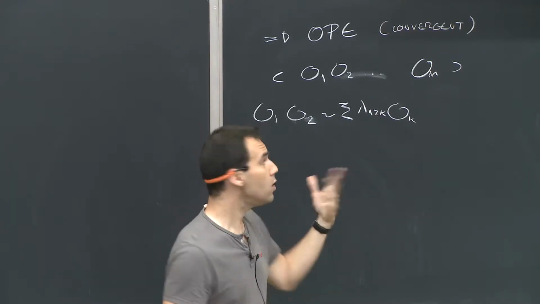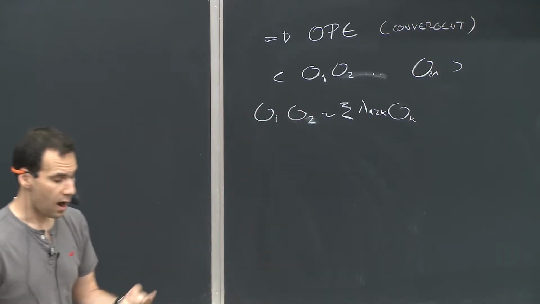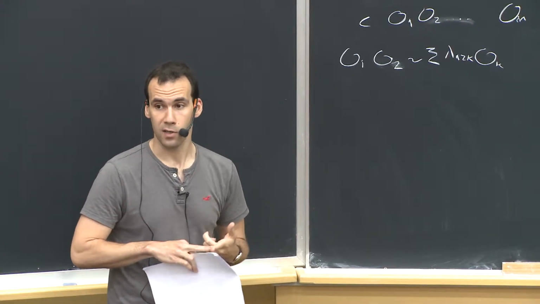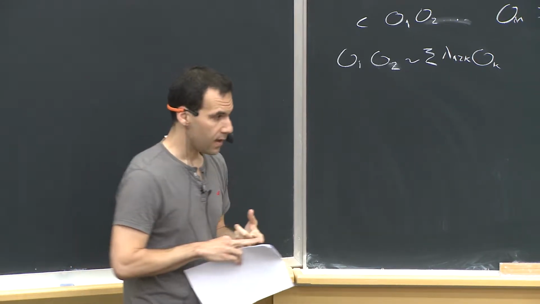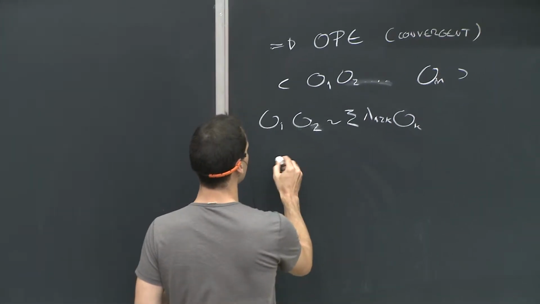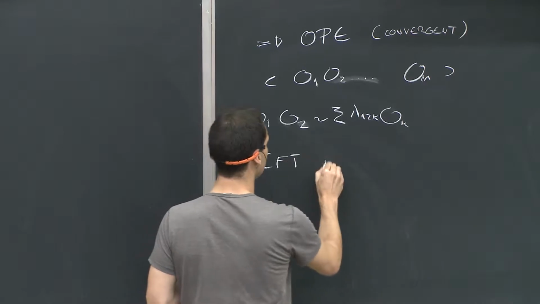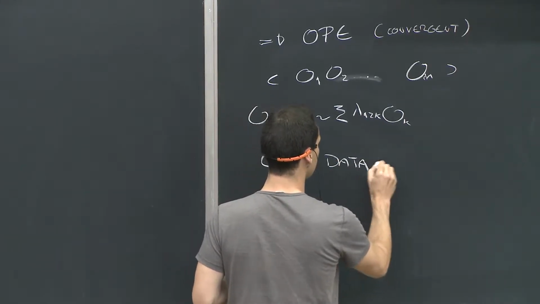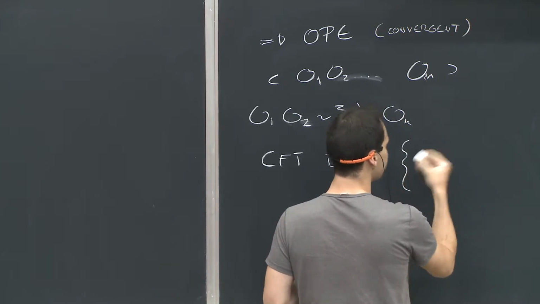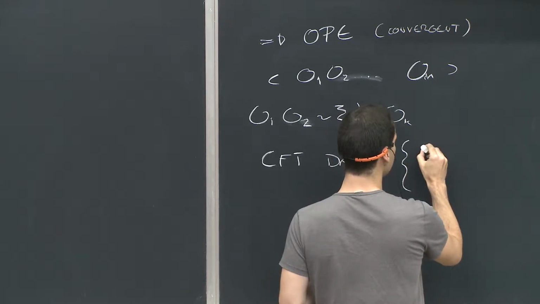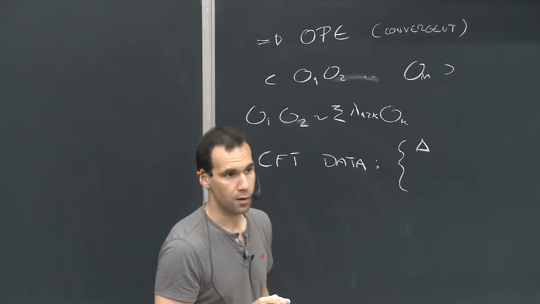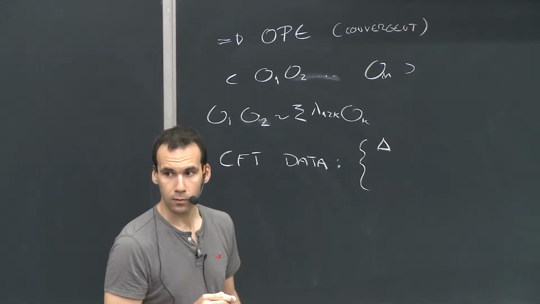So the only unknowns in this gigantic sum are the spectrum of operators, okay, which operators appear in the OPE, and the OPE coefficients. Okay? So this is usually called the CFT data. It's a set of the quantum numbers of operators. So one of them is always going to be the conformal dimension, which I call delta.